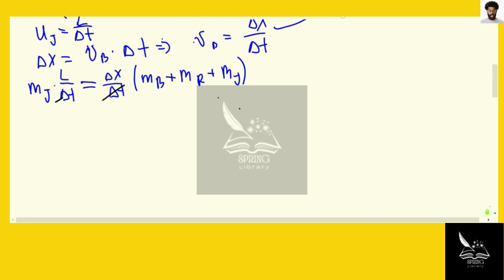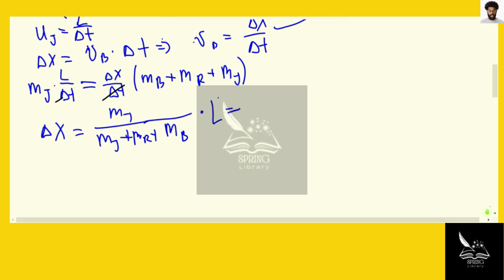So delta t cancels, and that is why delta x, the displacement of the boat, equals mass of Juliet divided by the total mass of the system, multiplied by the length of the boat.